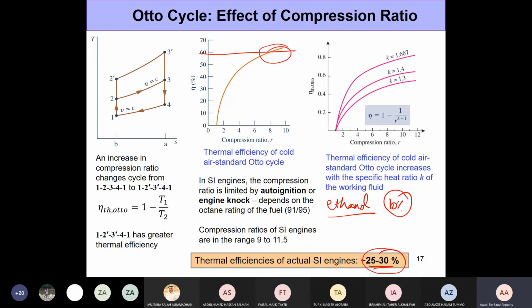And increase in compression ratio is going to increase the efficiency of both the actual engine as well as the engine operating on an ideal cycle. Same way, increase in the specific heat ratio is going to increase the efficiency in both of them. So basically, we get some ideas on the things that we can play around with. The trends are going to remain the same.